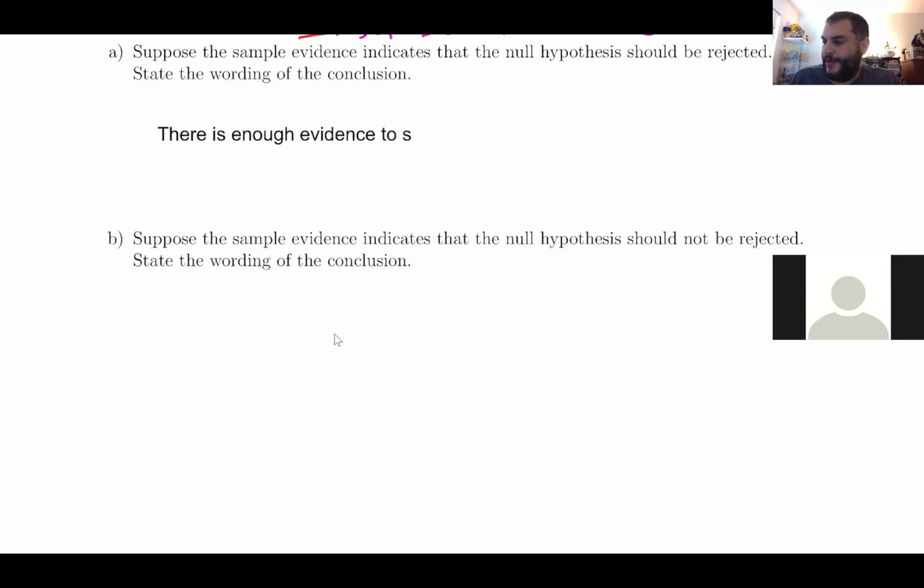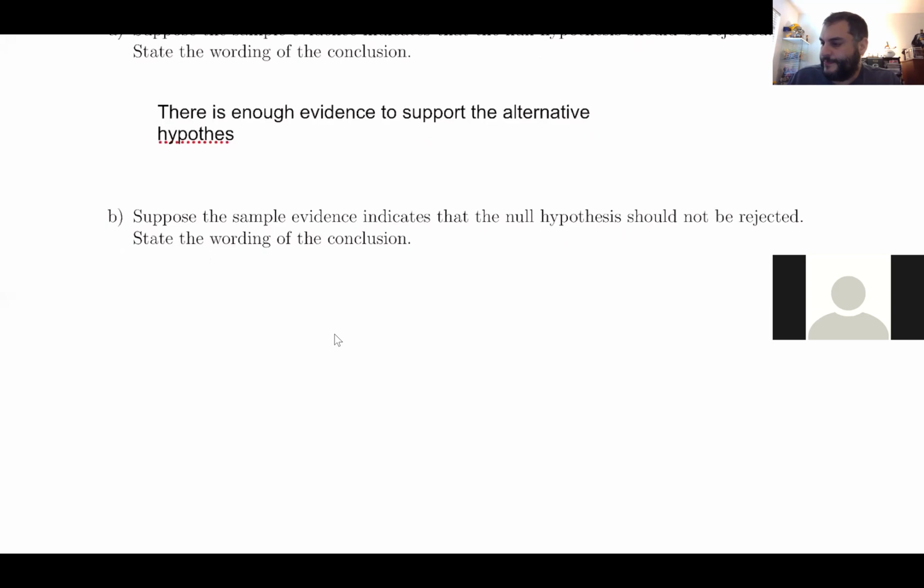to support the alternative hypothesis. So you want to put there is enough evidence to support the alternative hypothesis, but normally you don't want to put the words alternative hypothesis.